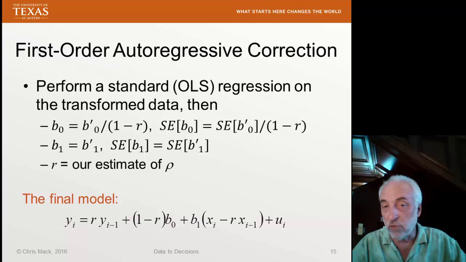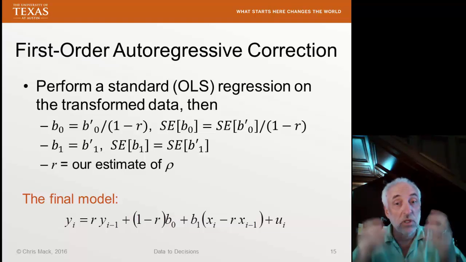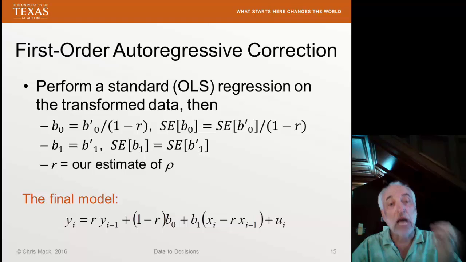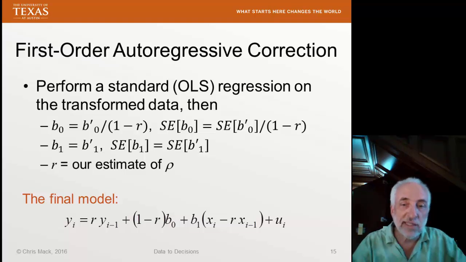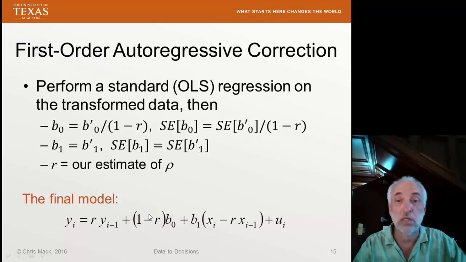r is our estimate of rho that we obtained previously, as we discussed. The final model will have both the functional behavior of how y depends on x, but also built into it how y depends on the previous value of y. This then becomes our final model, and you see that it has 3 parameters, not just 2: intercept and slope, but also r.